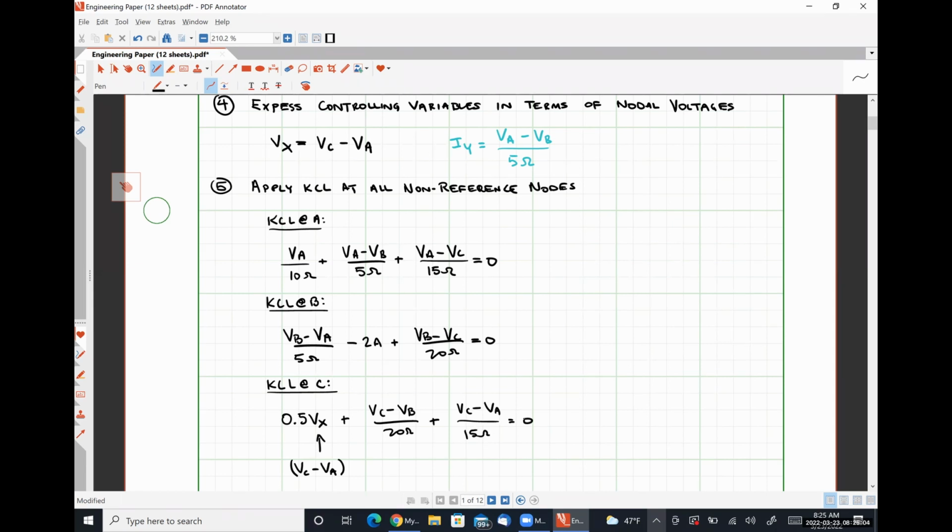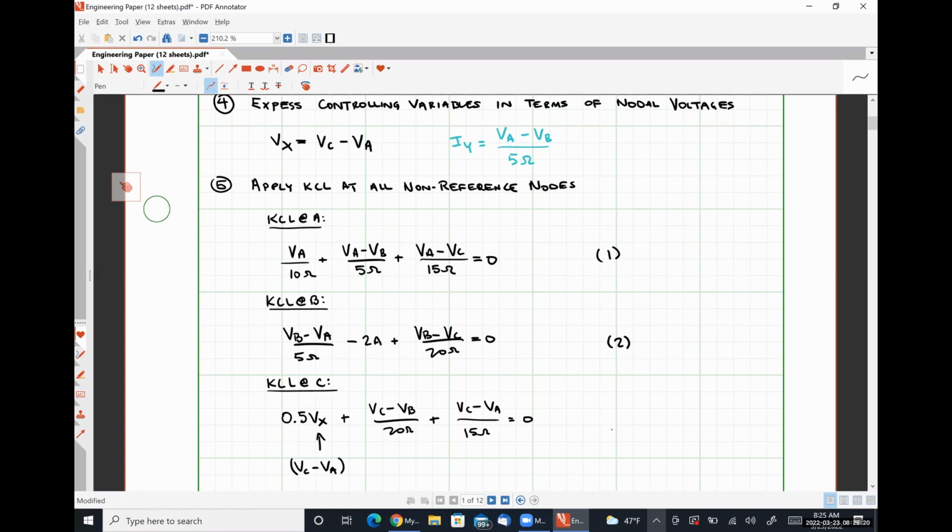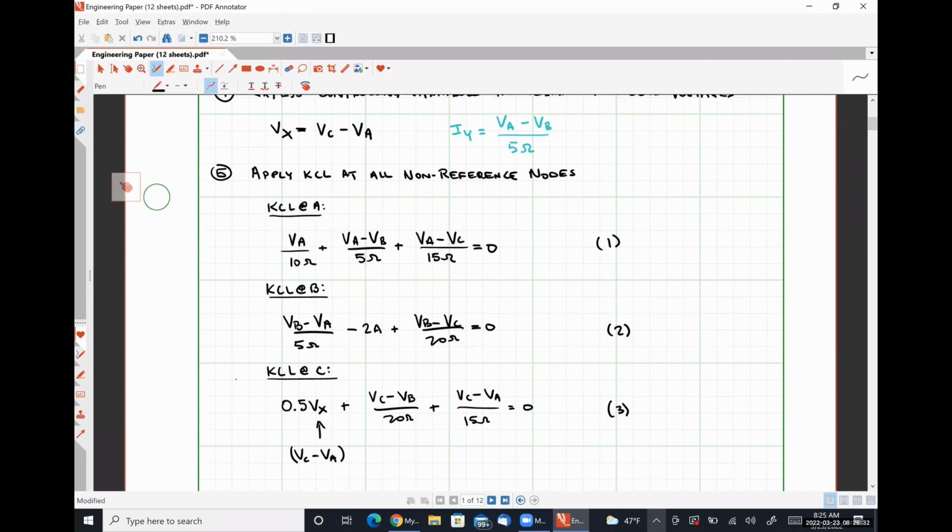So if we follow Dylan's suggestion and substitute our controlling variable relationship into our KCL at node C equation, we have a system containing 1, 2, 3 equations and 3 unknown quantities, which means we could use our calculators to solve for it.